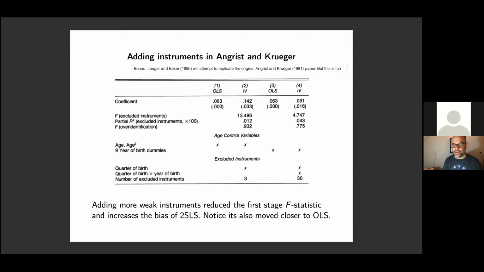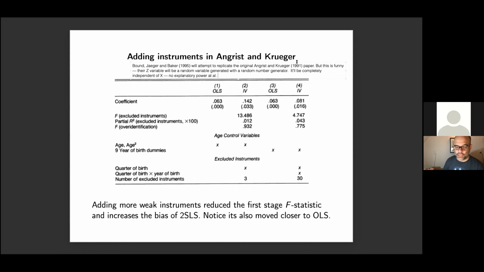But this is funny: their Z variable will be a random variable generated with a random number generator. It'll be completely independent of X, with no explanatory power at all.